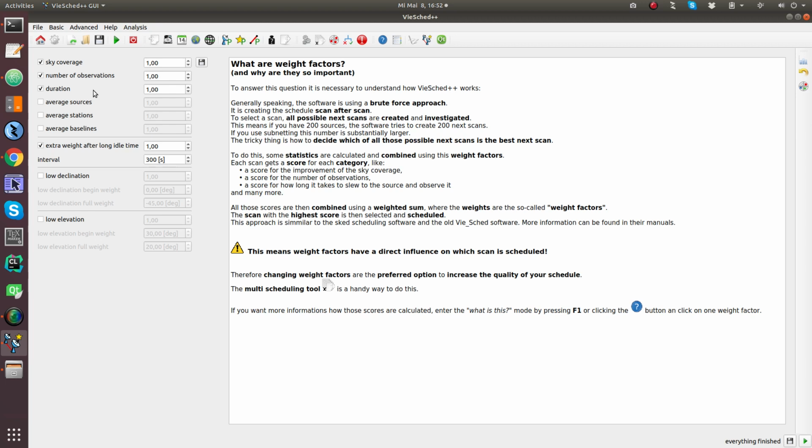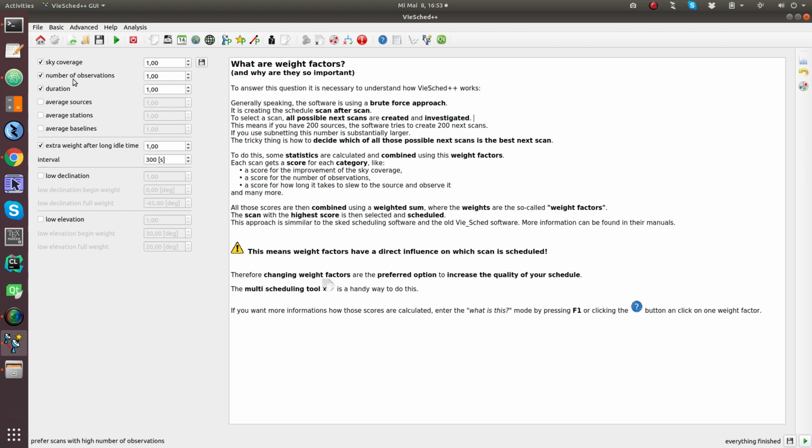And finally, you somehow need to calculate your final score per scan or per scan combination. This is done using the so-called weight factors. What they do is simply calculate a weighted sum of all these individual scores.